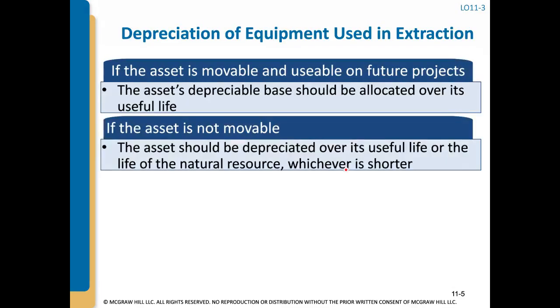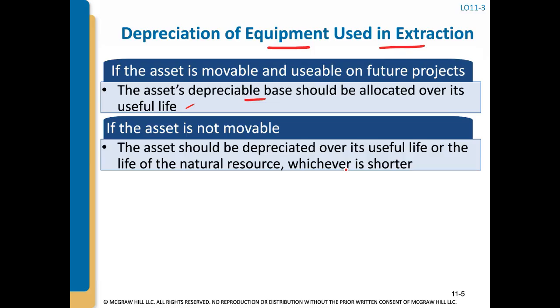Now, in the example that we just went through, there was also equipment that was used in the extraction. So how do we depreciate that equipment? Well, it depends. If that asset that we used in extraction is movable and usable in the future, then you would just take the depreciable base over its useful life and start depreciating it as depreciation expense.